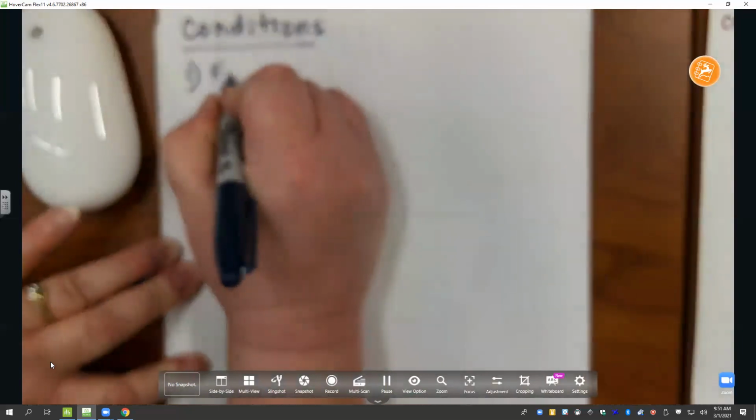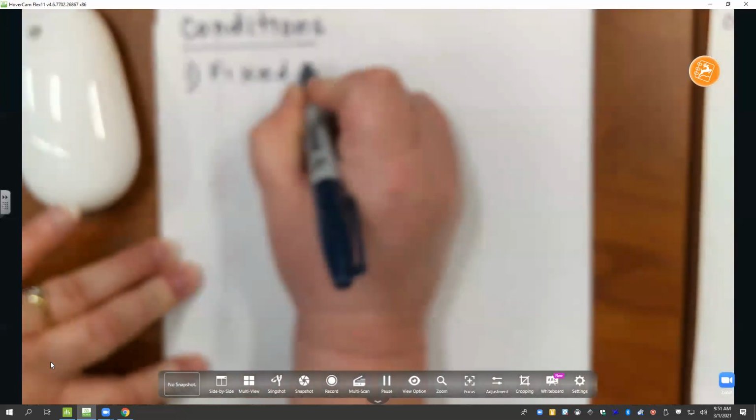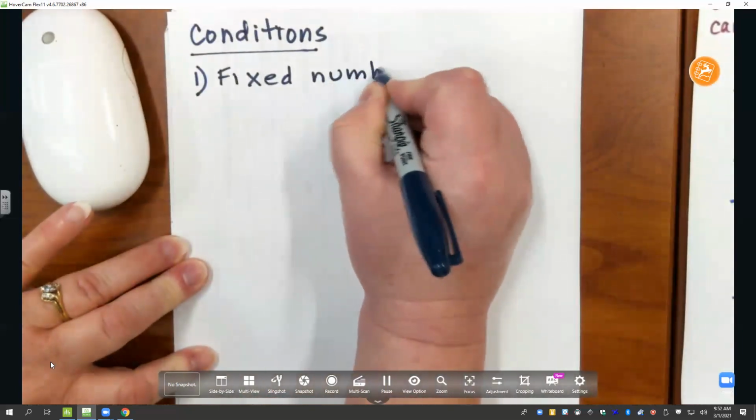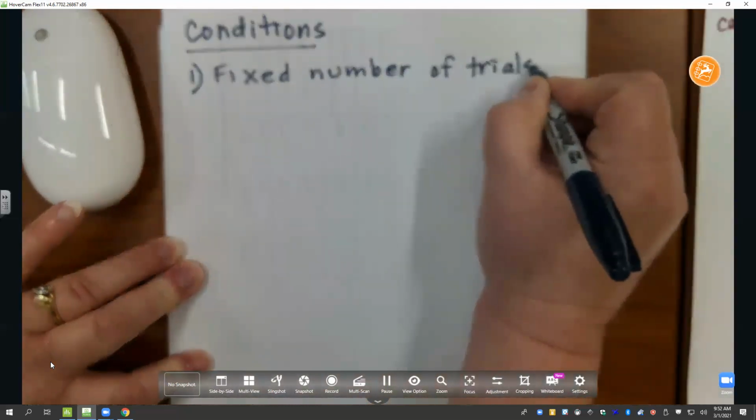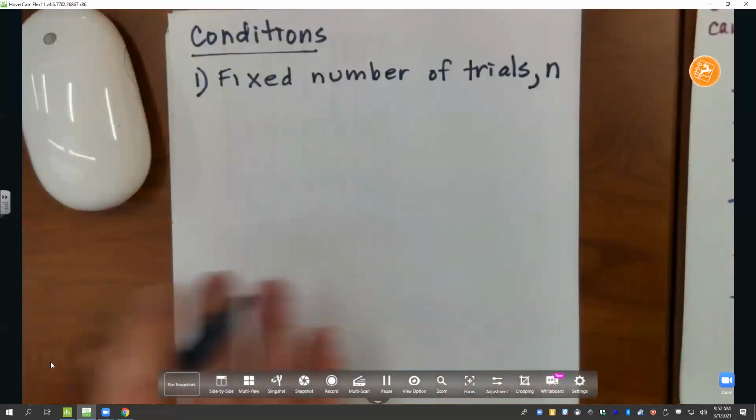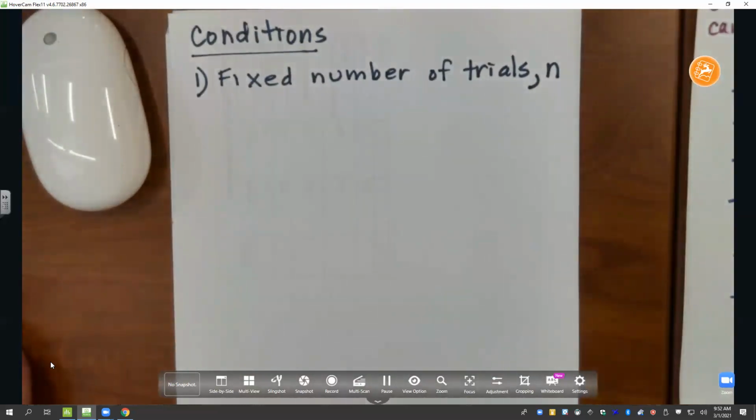First, you have to have what they call a fixed number of trials, and we represent that number of trials with a lowercase n. How many times are you going to do this thing?